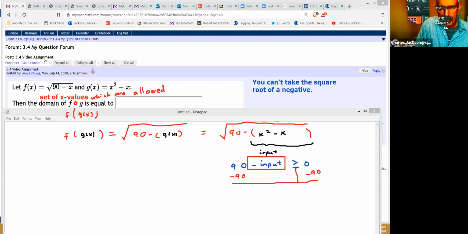Negative of the input greater than or equal to negative 90.